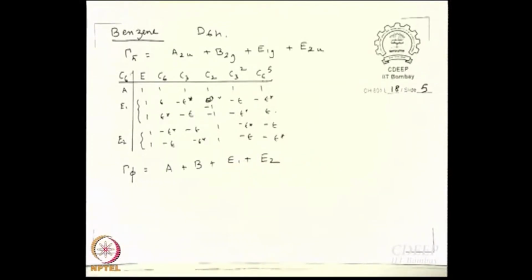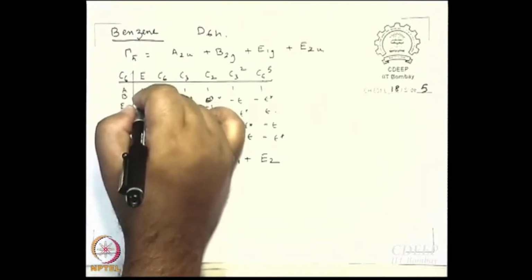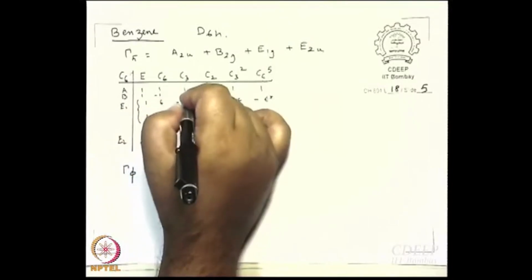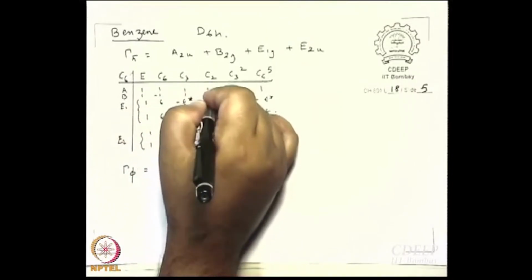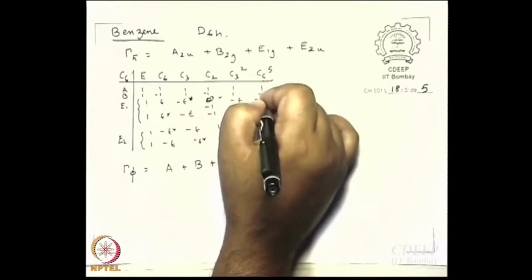What do you mean B is not there? That's because I have not written it. One minus one, this is 1 minus 1.